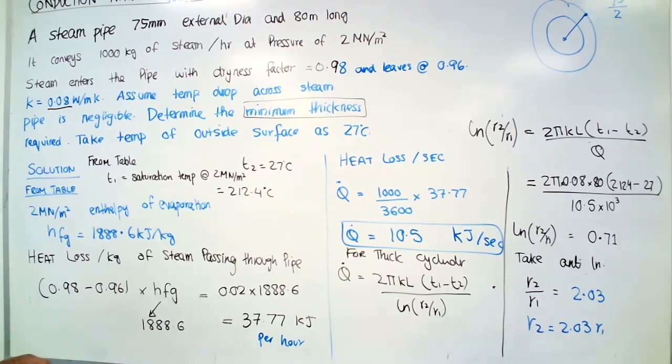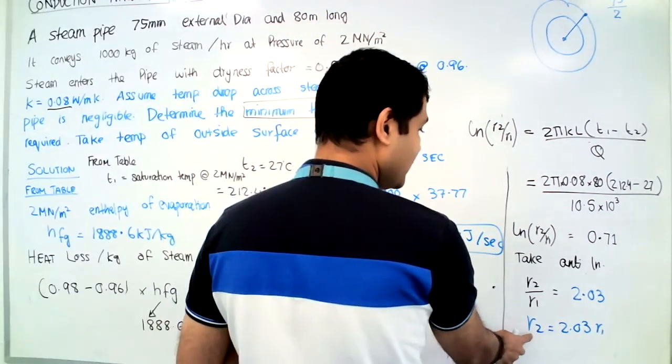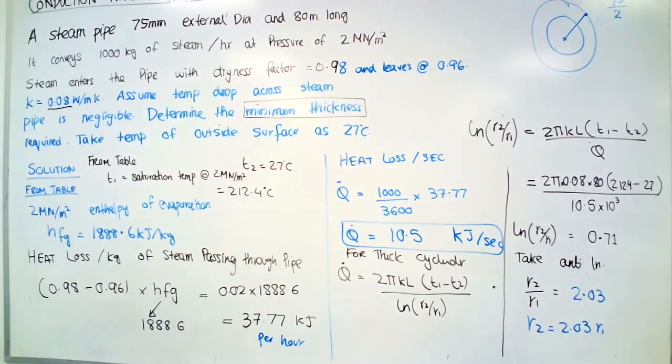Which is R1 and R2? Which one is R1? R2 is bigger. R2 is the outer radius. Yes, R2 is bigger because you can see 2.03. So R2 is the bigger one.